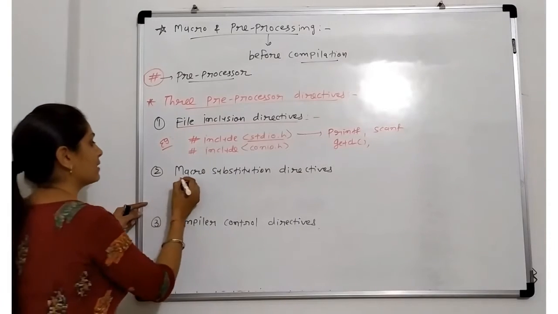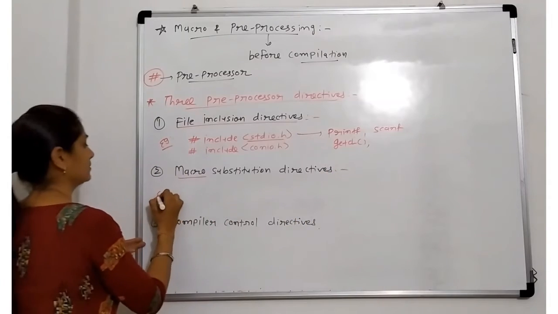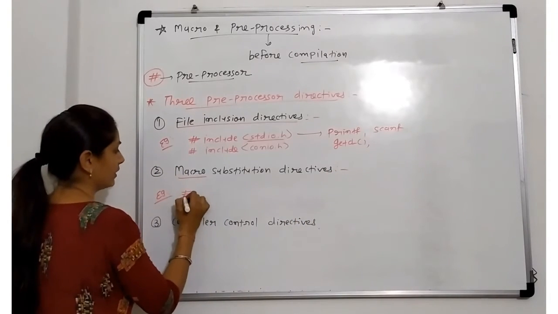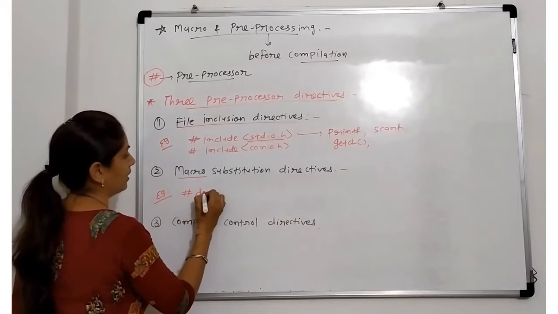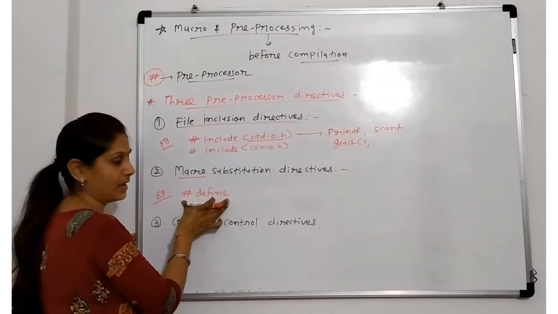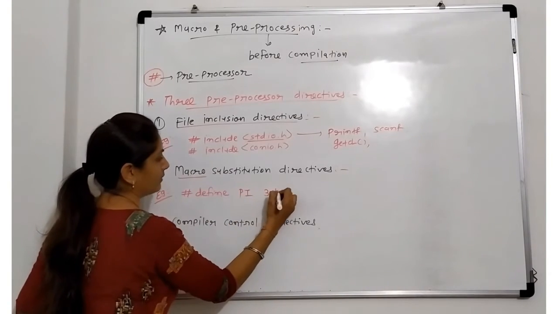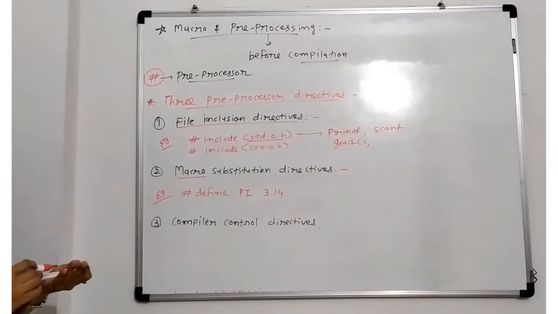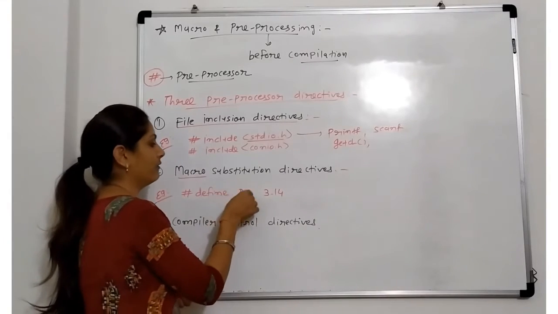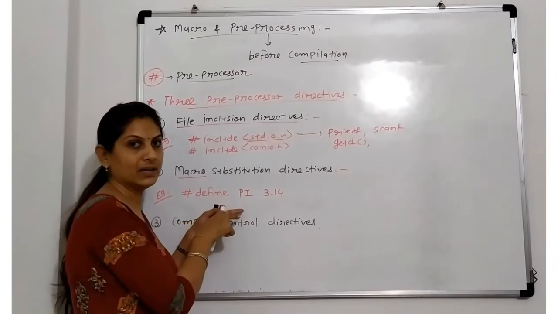The second is macro substitution directives. Again it starts with a hash sign, and a macro is always indicated with hash define. Suppose I am writing hash define pi 3.14. The meaning is that whenever we write pi in our program, the value 3.14 is automatically placed.